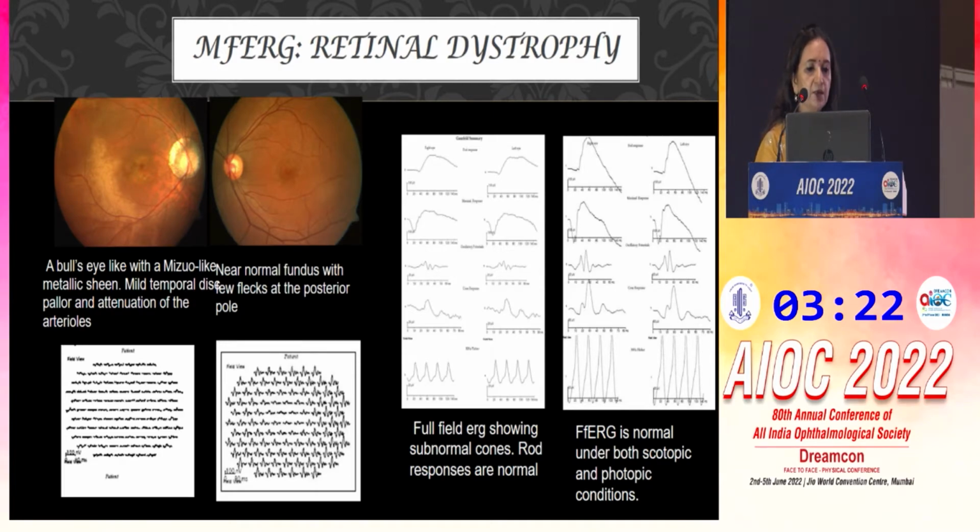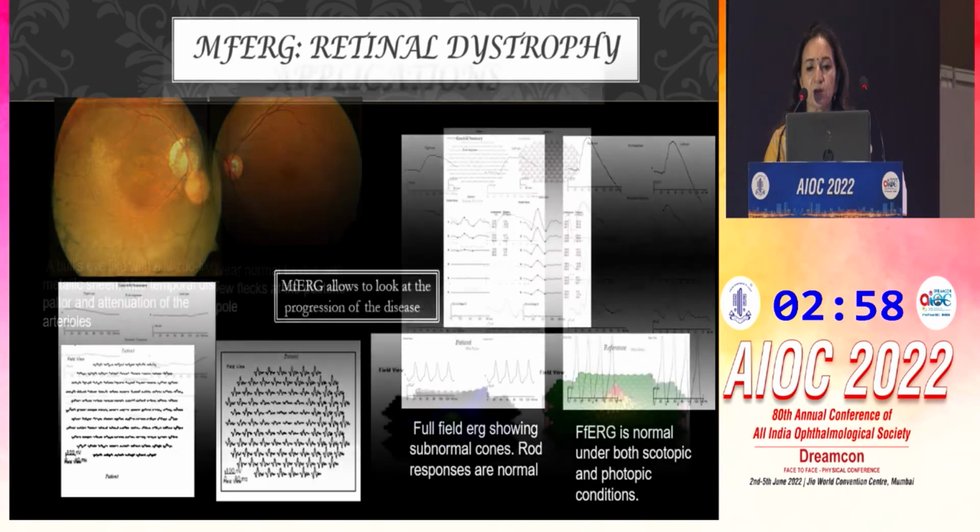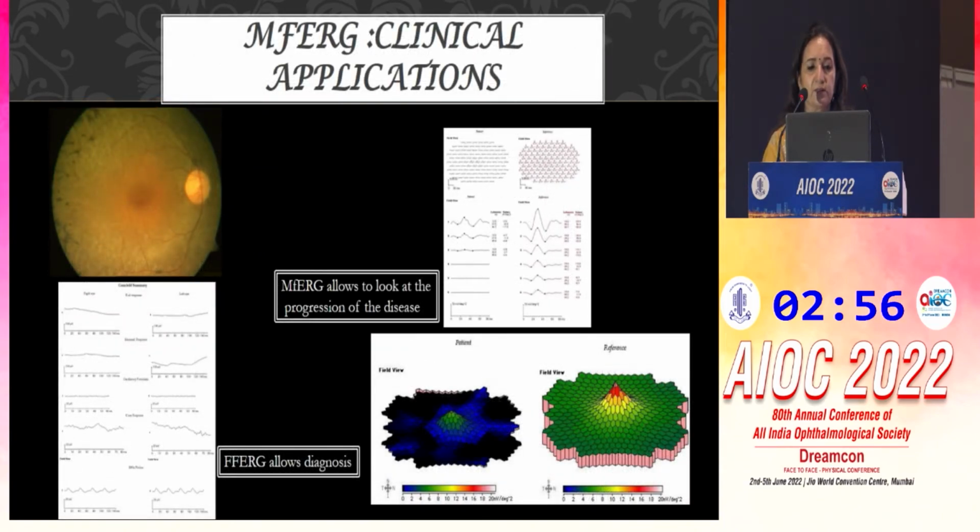But if you see the multifocal ERG, it is completely extinguished, and in this patient it is only the central area which is affected. So this is an early stage of a cone-rod dystrophy. Even though full-field ERG is not showing changes because it is early stage, the multifocal gives you an indication that we are looking at a more generalized kind of defect.